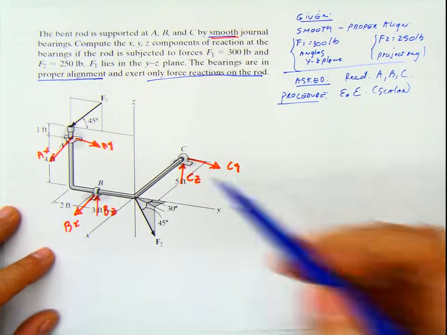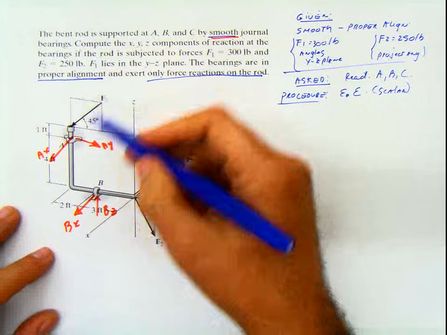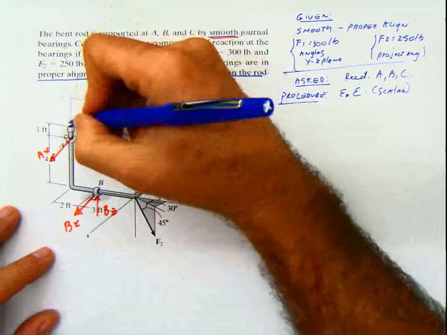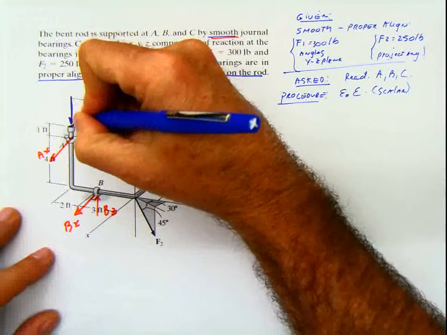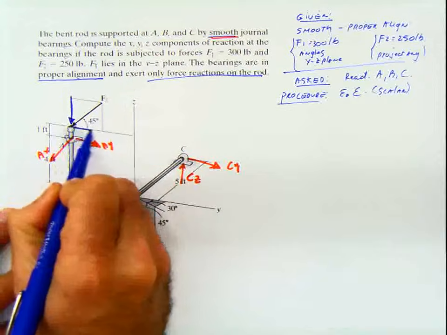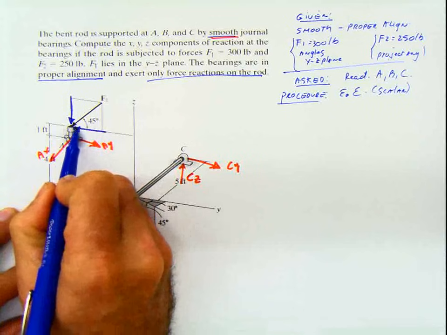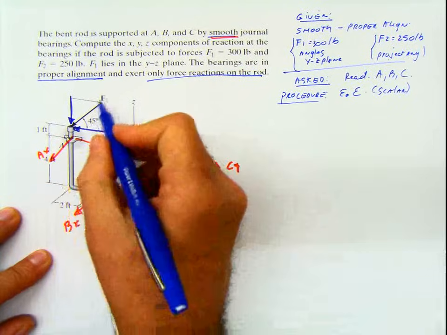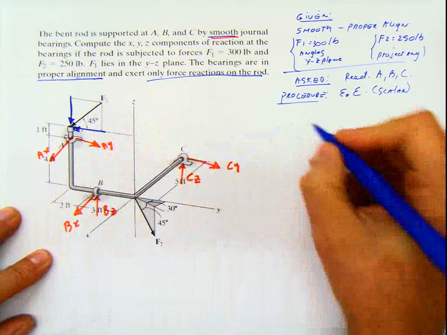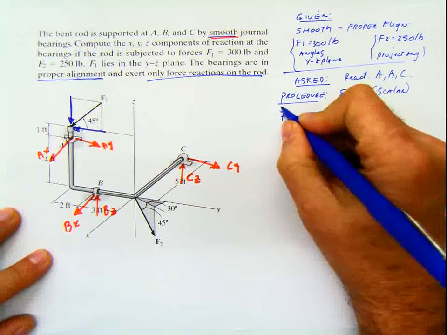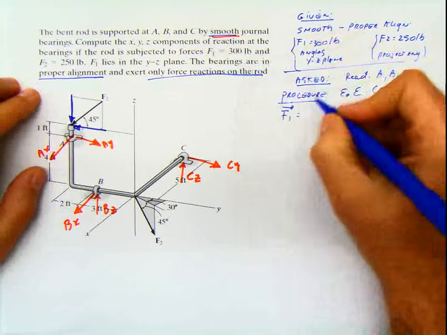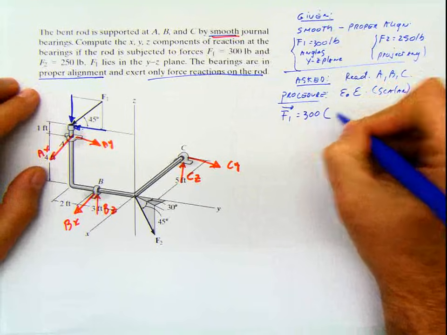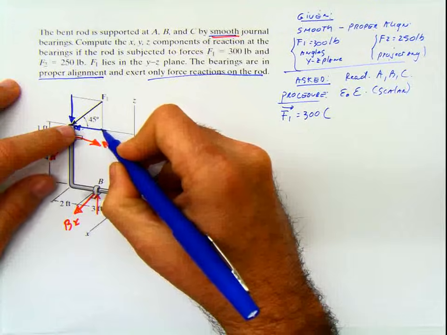So let's start by finding the components of these forces. The component of this force F1, this is going to be one of the components, and this is going to be another of the components here. This component is going to be F1 multiplied by cosine 45. I'm going to just express F1 as a vector, even though I don't have to. It's going to be the magnitude of F1, which is 300, multiplied by this one.